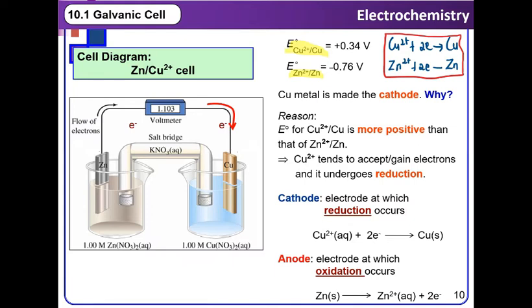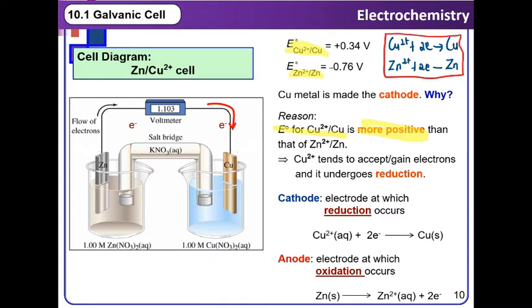Copper metal is made the cathode. Why do we say that copper metal is made the cathode? This is because the standard reduction potential for copper is more positive than the standard electrode potential for zinc.